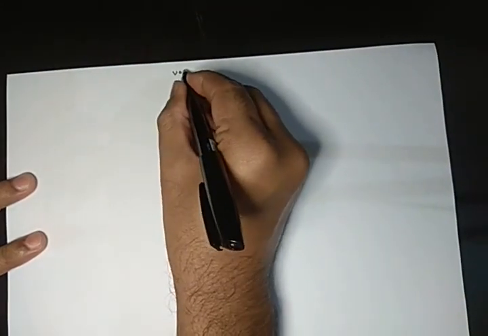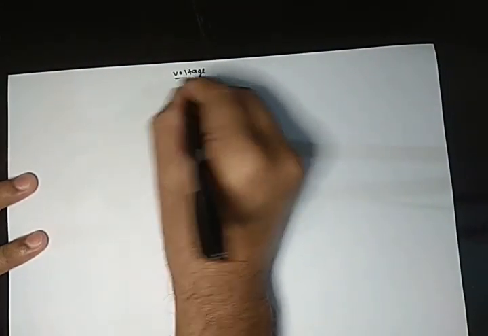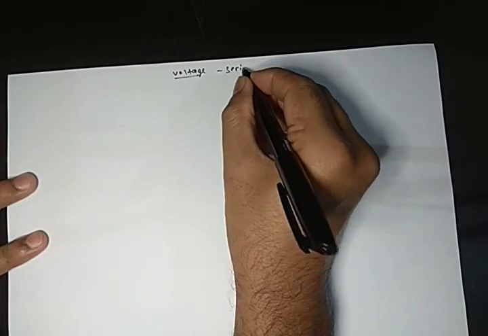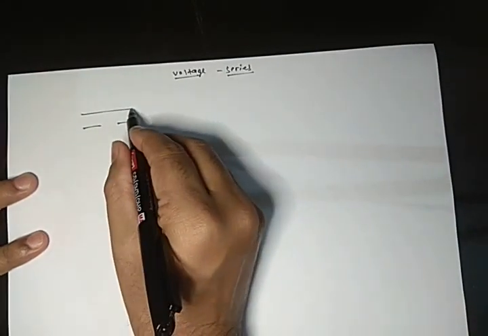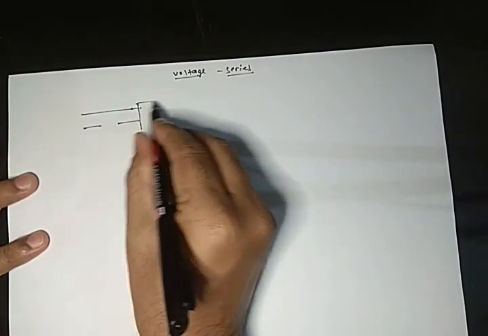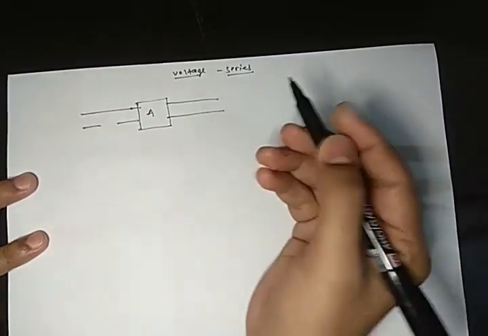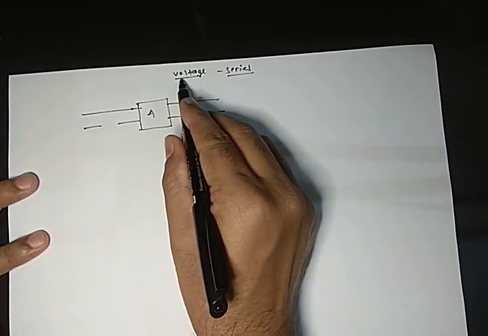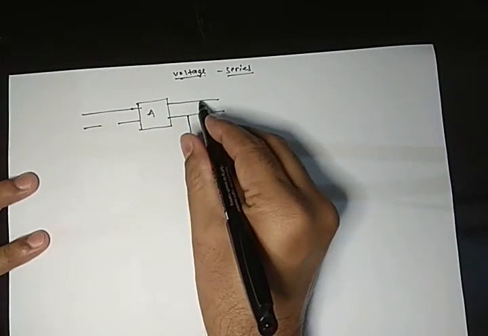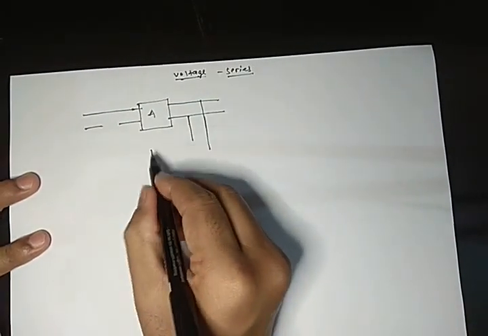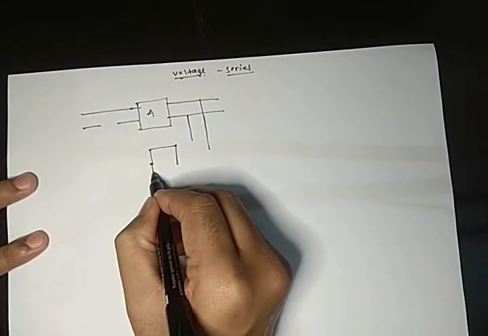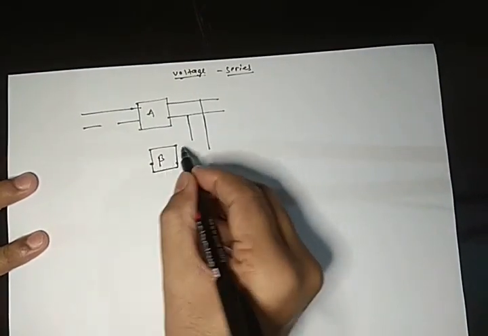Now taking voltage series. Voltage series, what does it mean? This is your Opam A. This is your output voltage. We will tap the voltage in parallel manner and we will feed it through some beta factor.